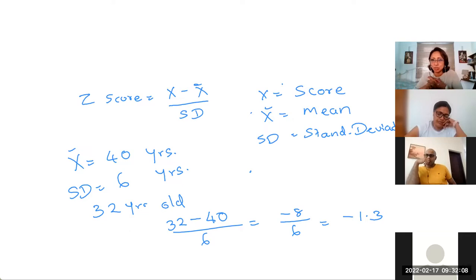We will see later on how SPSS will calculate Z scores, right? So what we did was to figure out a use of Z scores in daily psychology research, what is the commitment level.